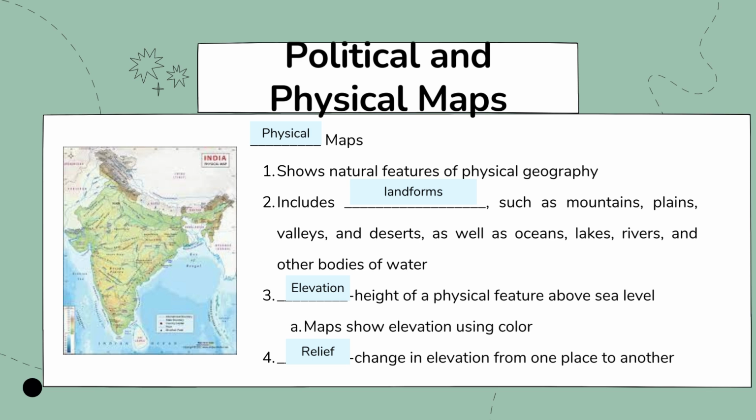So if you look at the map on your screen there, it shows different colors, and that's going to show how high above sea level each of those things are. So for example, a mountain is obviously going to have a much higher elevation than a beach, and so those will be shown in different colors. And then the other piece there is the relief, which is the change in elevation from one place to another. So this would be like if you were going up or down a mountain, you would have a pretty big relief. You'd have a big elevation change.